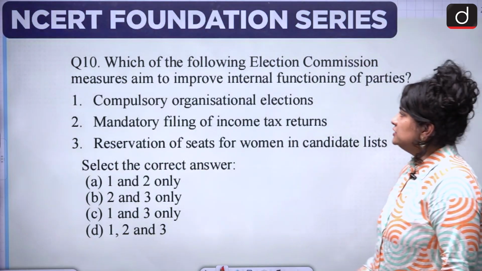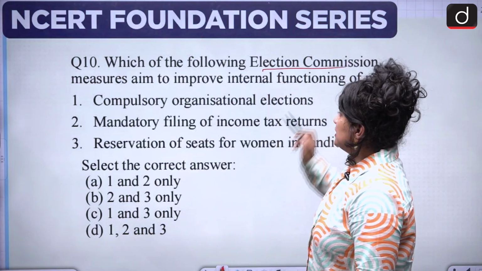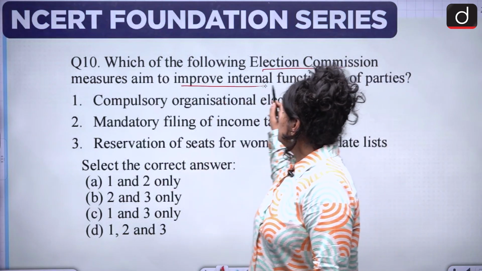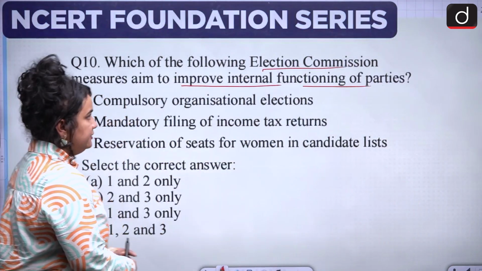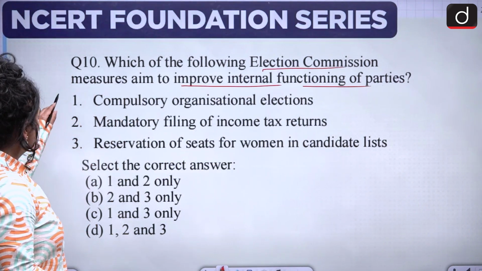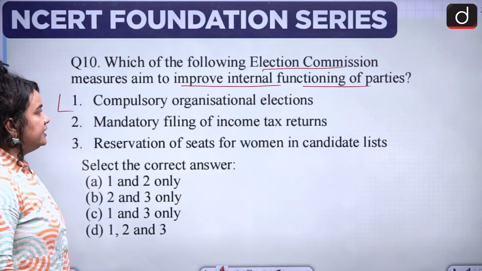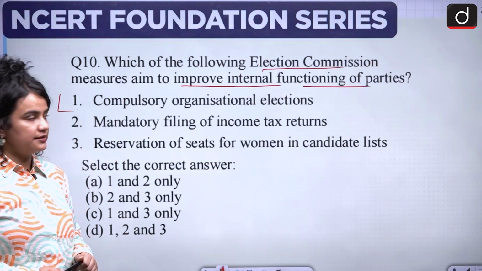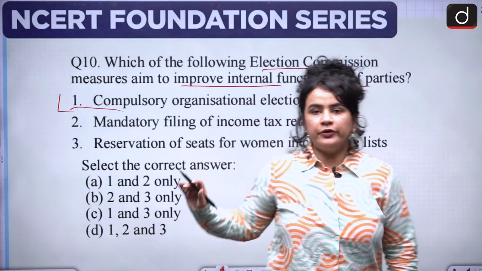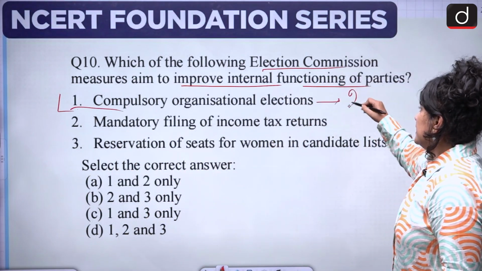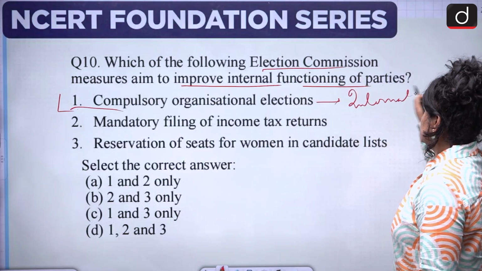The last question: which of the following Election Commission measures aim to improve internal functioning of parties? Let's see which of these do. Compulsory organizational elections. Yes. So this is basically what you can also understand as internal party elections.